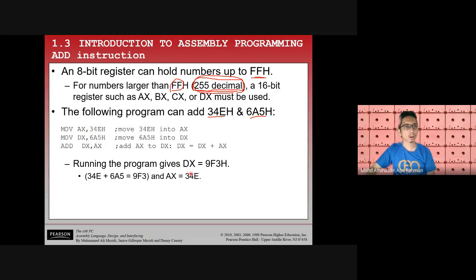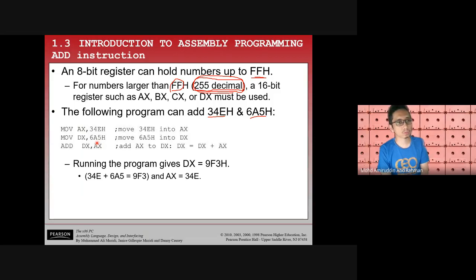Now, what we have, we need to add the hex number. So E with 5. E is already how many? E is already 14 plus 5, so it's 19.